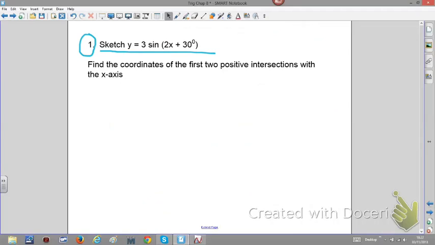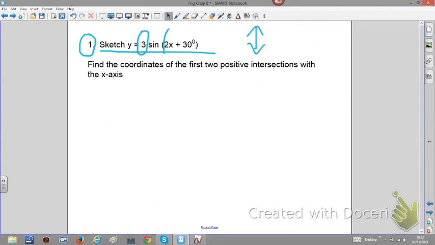Now this is using the idea of transformations of graphs, which we looked at in C1, chapter 5. So just kind of recapping on that, the 3 would have the effect of stretching the curve in the y direction.